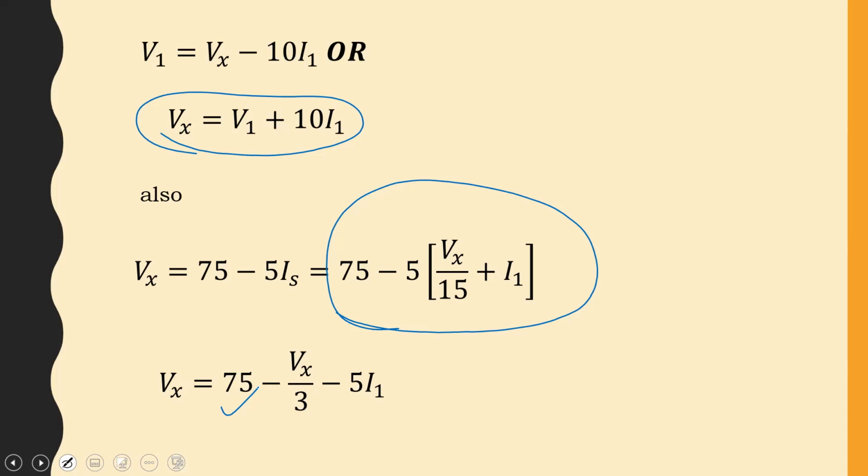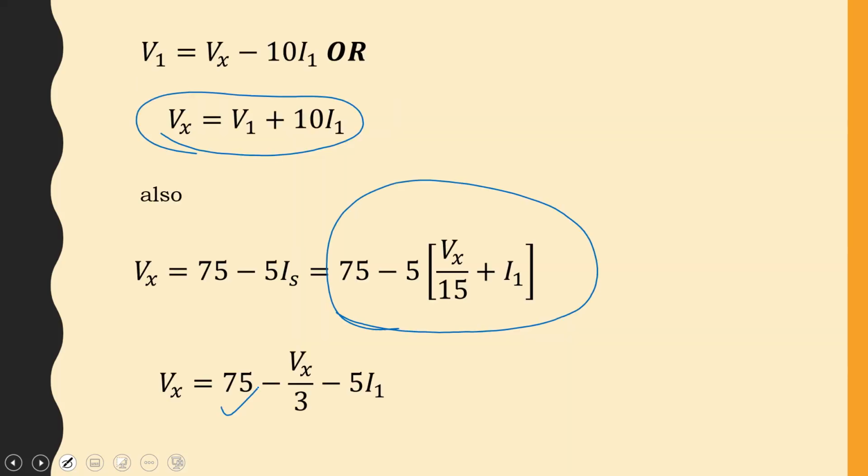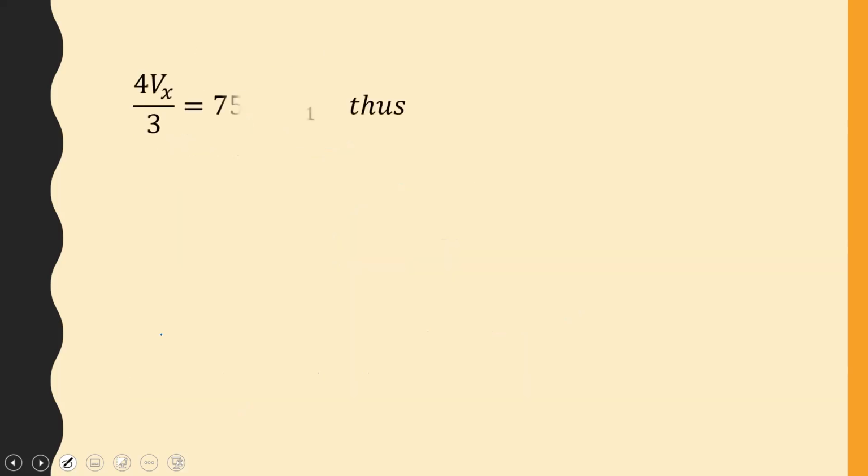So the objective here is to get an expression for Vx. If we simplify that, 4Vx over 3, so that's just bringing this across. So we have 1 1/3, which is 4 over 3 Vx, equal to 75 minus 5I1.